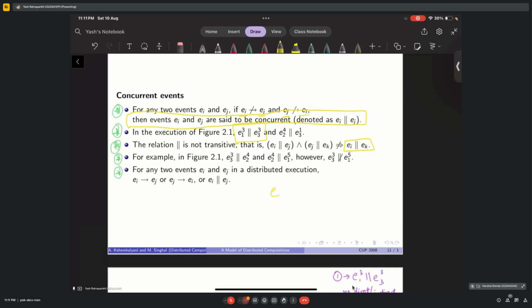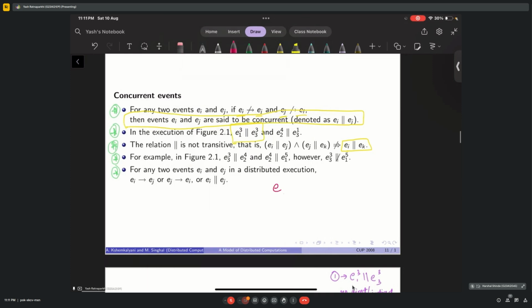If there are two events, EI and EJ, and there is an event EK also, if I say EI is concurrent to EJ, what does concurrent mean? That EI is not depending on EJ and EJ is also not depending on EI, then they are concurrent.